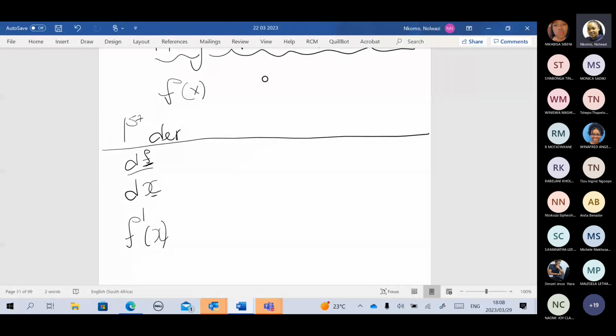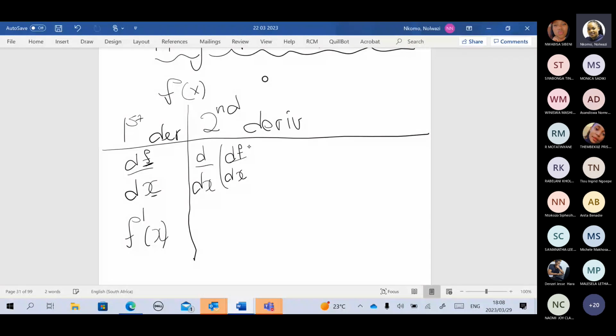And I said we have the second, the third, the fourth, and so on. For the second derivative, you differentiate the first derivative, and this gives you d squared f over dx squared. Remember, to get the first derivative, you differentiate the function f, then to get the second derivative, you differentiate the first derivative.